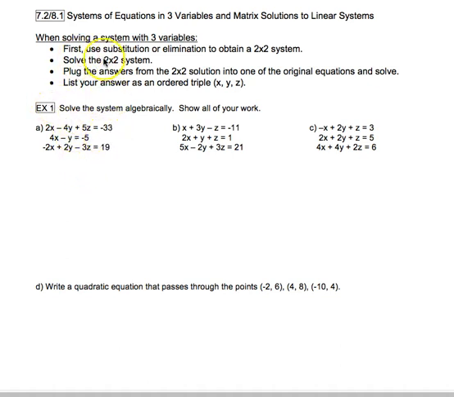And remember that our first objective is to get a 2x2 system. The first thing that I notice when I look at this system is that my second equation down here only has 2 variables.